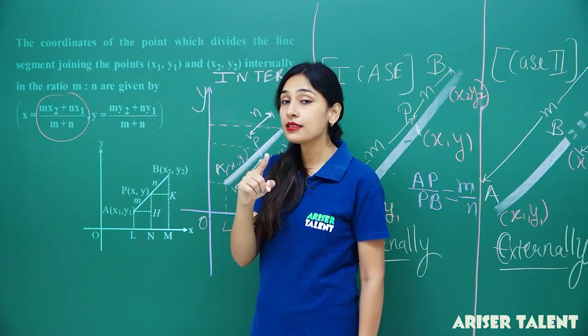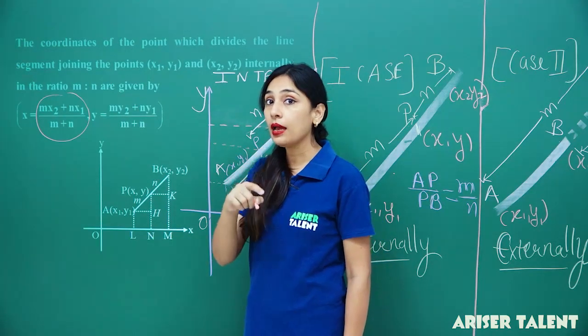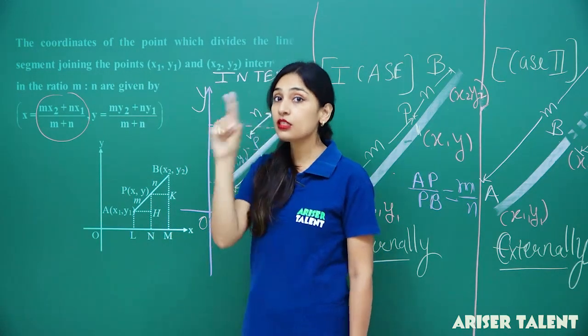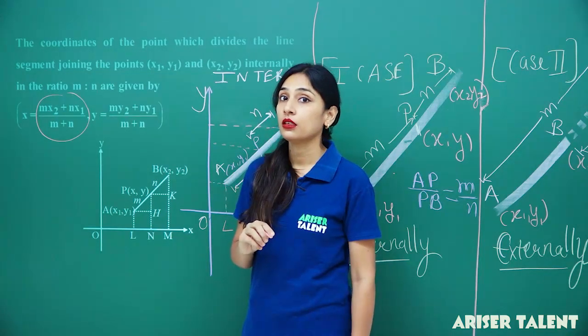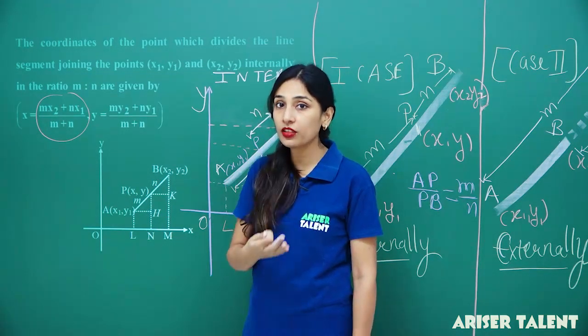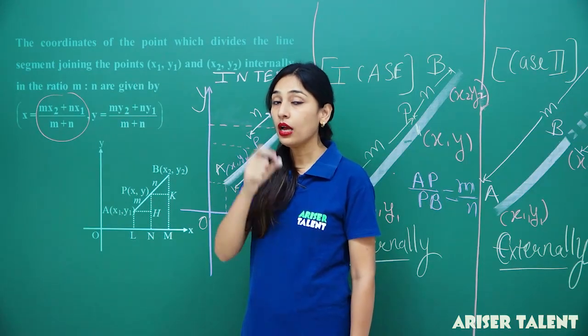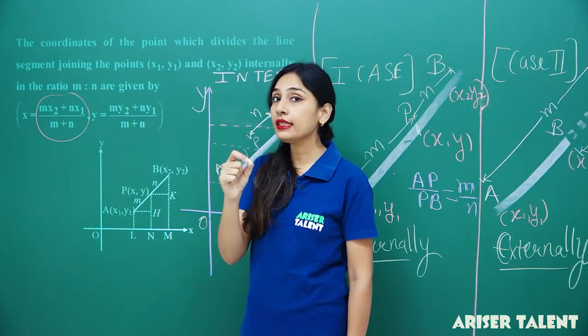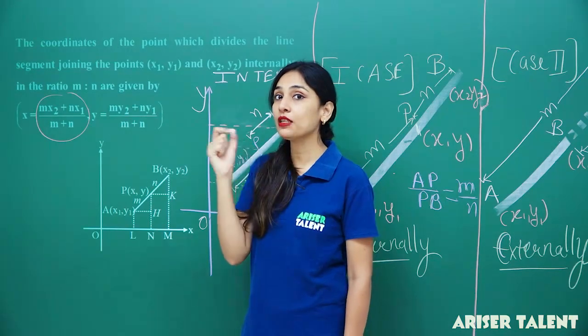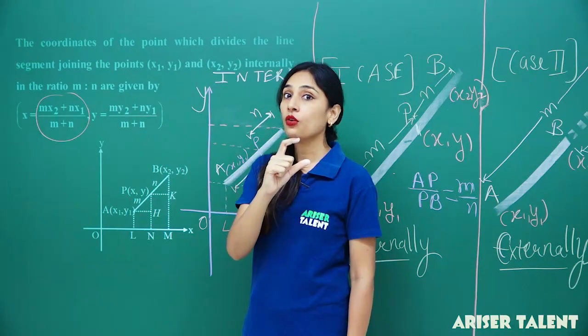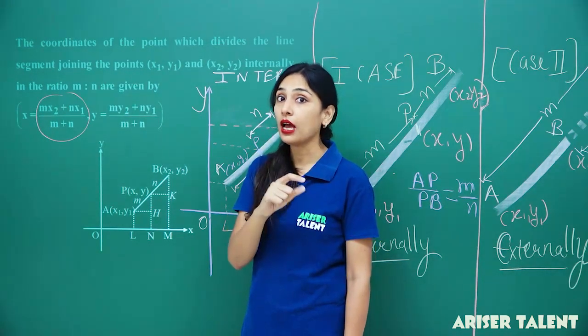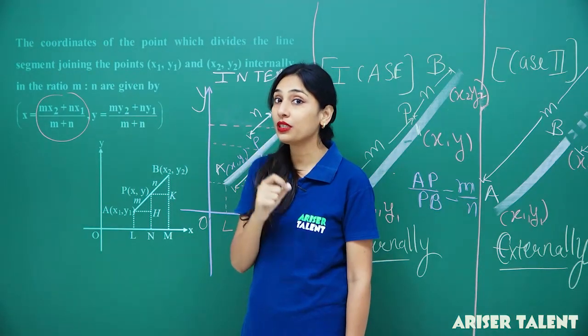This is the value of x. You have to speak with me, right? So, m x2 plus n x1 upon m plus n is the value of abscissa x of the point P.